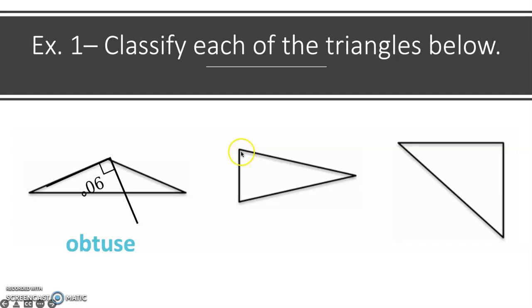For the second one, it may not be clear to see all of these angles. This one here definitely is acute, but if we take the corner of our page to test the other two, we would also see that they are less than 90 degrees. Therefore, that is an acute triangle. For the last triangle, we should be able to tell that this is a right angle, but to be sure, you can use the corner of your page, and we see that it is definitely a right triangle.